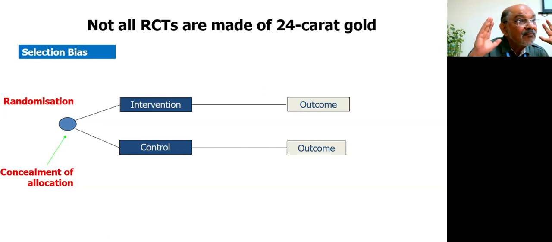We want to balance confounders, right? So any normally distributed variable, like age, sex, all of that, in the population you're from, will fall on both sides if you randomize properly. If you go to a population which does not have all the variables in a normal distribution, then you have to stratify and randomize. Okay.